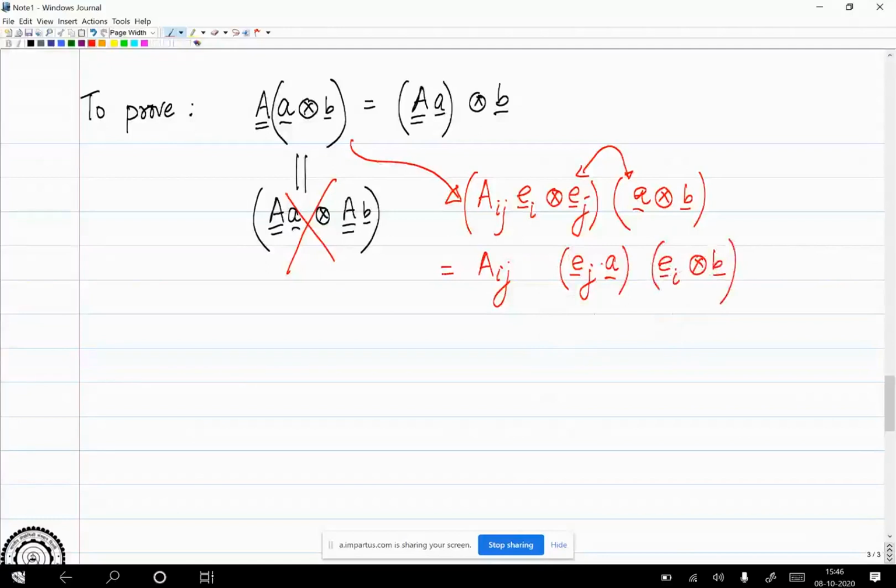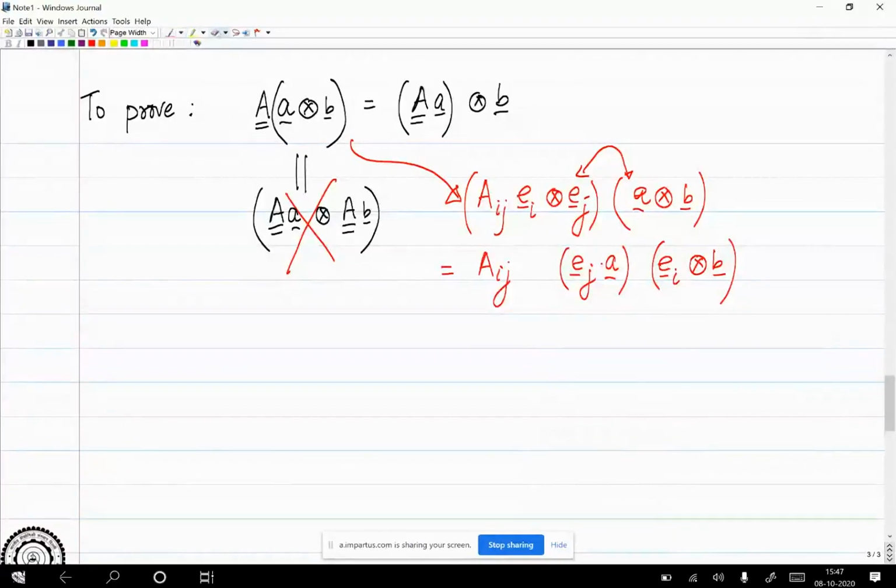So what do you think? What is this now? Any idea how we can prove this? I also have to think about it. It's not so trivial now.